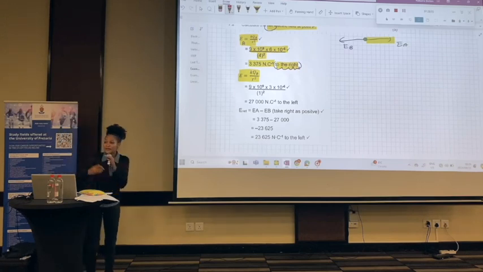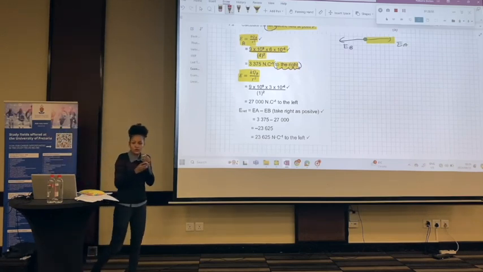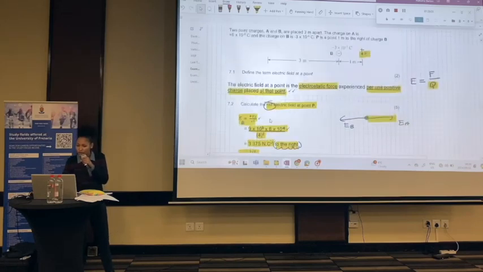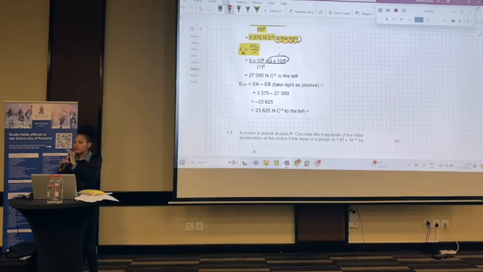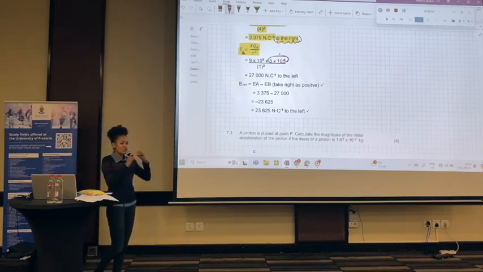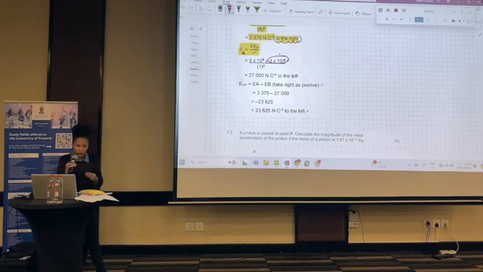When I'm done with that, I determine the electric field due to the other charge, which is B. Please note that when I substitute into this formula, this is positive because it is only magnitude. These are scalar formulae, so you don't put negatives into it.